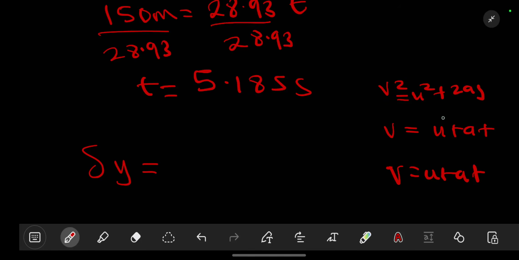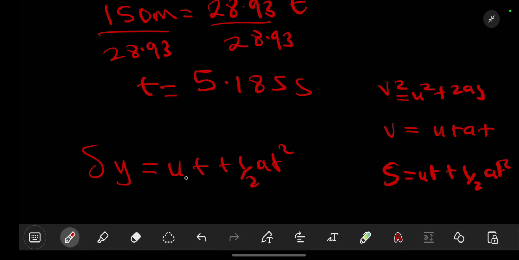So we want the one with s and time, which is s is equal to ut plus half at squared. This has everything. So we have our y there.